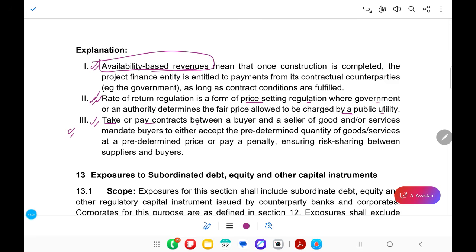If a bank wants to use a take or pay contract to classify a project finance as a high quality project which benefits from a preferential 80% risk weight, the borrower's revenue must primarily depend on one main counterparty, and that counterparty is strictly limited to being a central government, a PSC, or a corporate entity that carries a risk weight of 80% or lower.